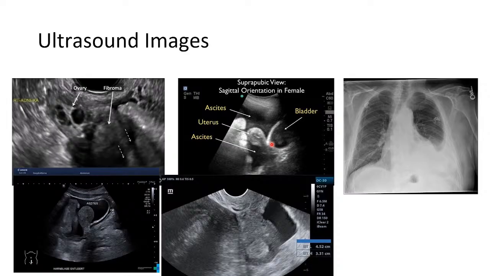You can see that the uterus is floating in ascites. All of that is ascites. Then on X-ray, you can see there is right-sided pleural effusion.